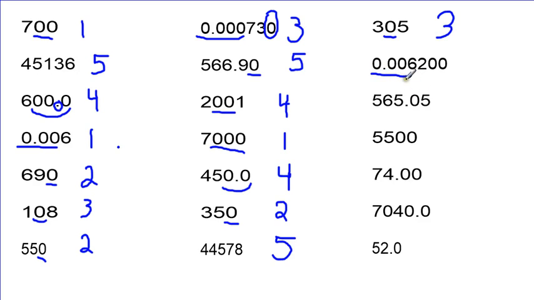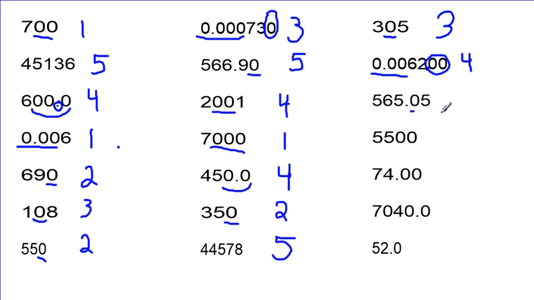These zeros are at the beginning, so they are not going to be significant. These zeros are at the end, and there is a decimal point in the number, so these zeros are significant. These zeros are not, and the 6 and the 2 are significant, so there are a total of 4.